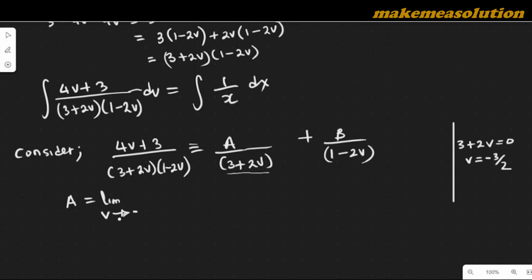So as v tends to negative 3 over 2, so the main fraction, I have 4v plus 3, then I'm not going to include it, so you have 1 minus 2v.